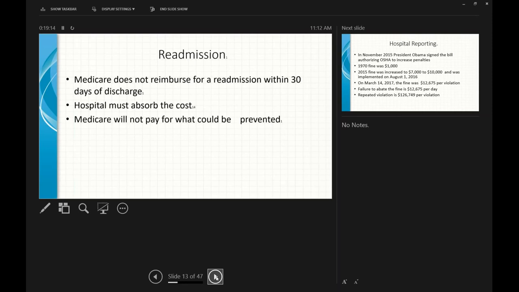The hospital must absorb the cost. Not only is it difficult for the patient, but hospitals, their margins of being able to give the care that they need and pay for their equipment, for their nursing care, they're finding it very, very difficult to make it. And Medicare will not pay for what could be prevented.